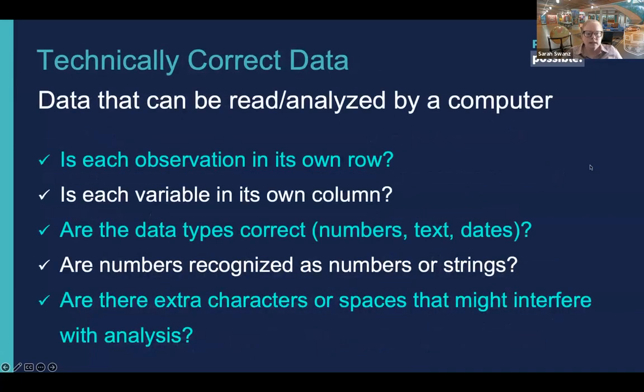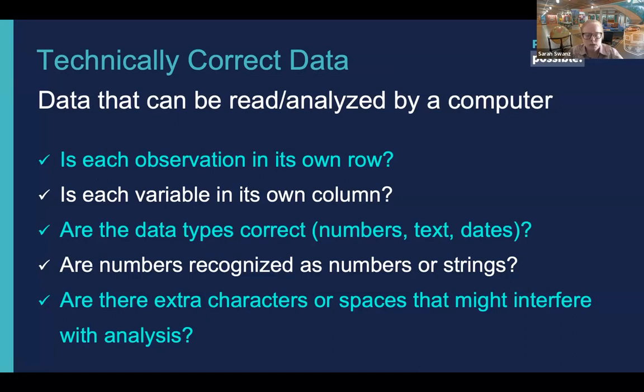So technically correct data, we refer to as data that can be read or analyzed by a computer. You might have heard this referred to sometimes as tidy data. So we want each observation in its own row, each variable in its own column. Are the data types correct? So are numbers treated as numbers? Are dates treated as dates? Text as text? This is tricky with things like zip codes.